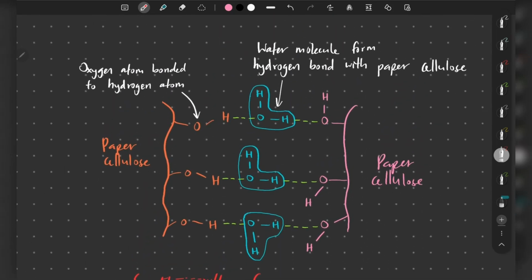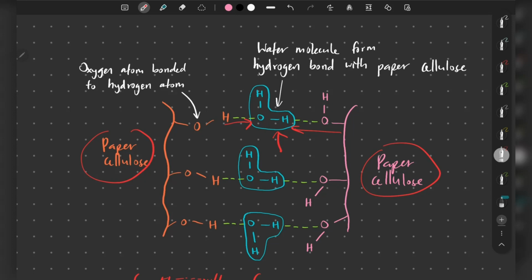So in this diagram here, this situation is when the paper is wet. So when the paper is wet, we have the water molecule here. So both of these paper cellulose molecules will form a hydrogen bond with the water molecule.